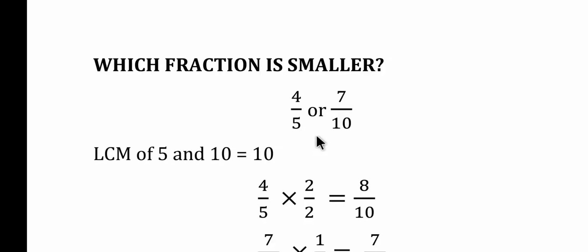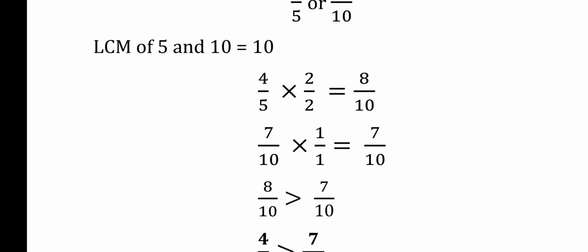So out here we will find the LCM of the two different denominators. So LCM of 5 and 10 is equal to 10. So now, just like the previous one, we will multiply the denominator with a certain number that makes the denominator equal to the LCM. So we have the LCM is 10.